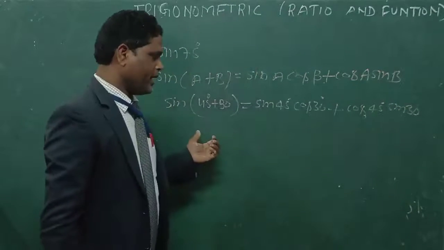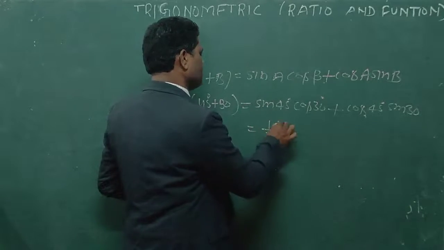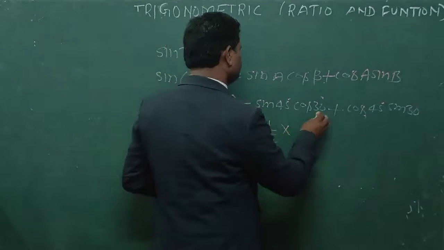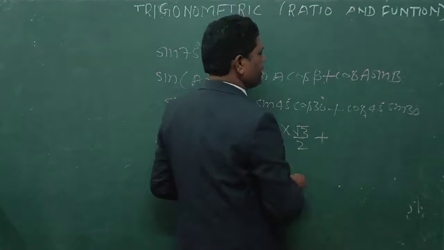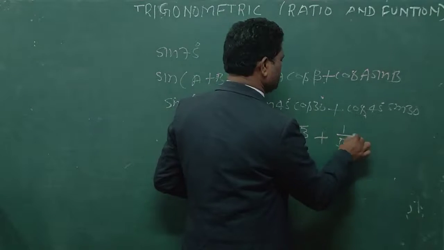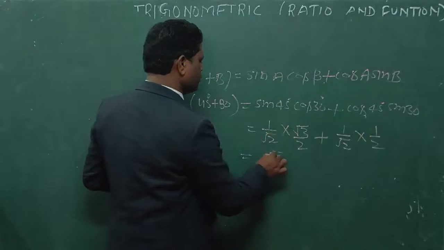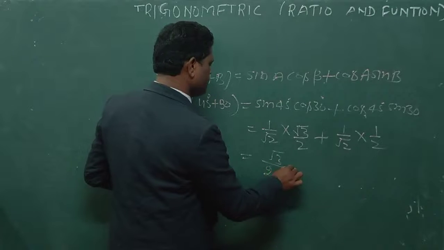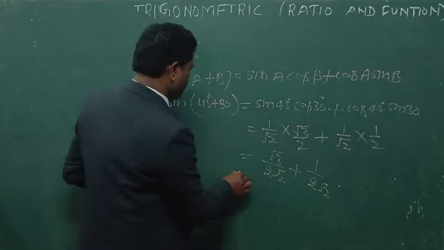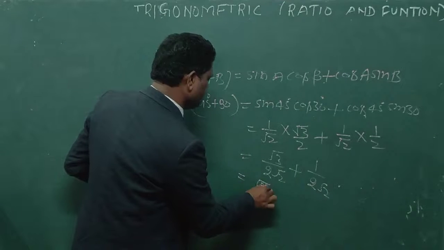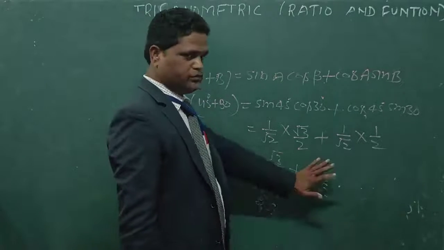Sin 45 means 1 by root 2 and cos 30 means root 3 by 2, plus cos 45 means 1 by root 2 into sin 30 means 1 by 2. Multiplying, root 3 by 2 root 2 plus 1 by 2 root 2. Adding, we can write root 3 plus 1 by 2 root 2. If you want to rationalize, do rationalize it.